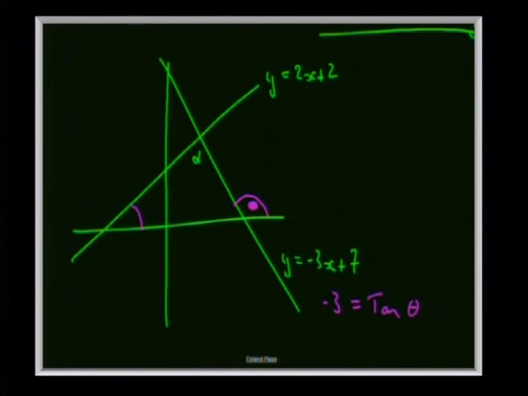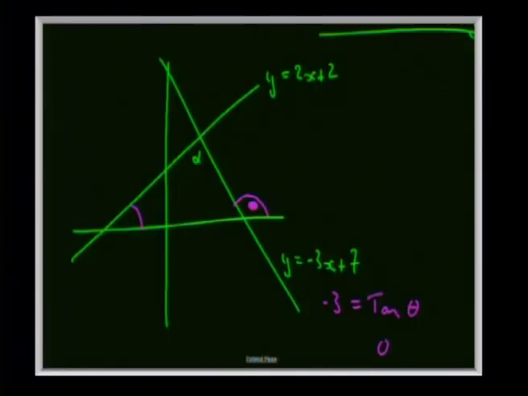What has the calculator actually done? It's given us the angle below the x-axis, between the x-axis and the line. So what we need to do is to add 180 to it, and we'll get that theta is equal to 108,4 degrees. So this angle on top is 108,4 degrees.